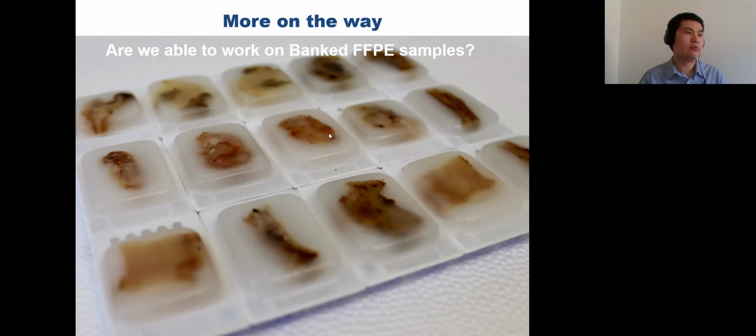If we can access these banked samples, this will greatly push forward our understanding of the samples. Even though FFPE samples are usually considered to have lower quantity mRNAs, we have done some preliminary data showing that they have lower quantity, but they are still good enough to tell a lot of biology from them.